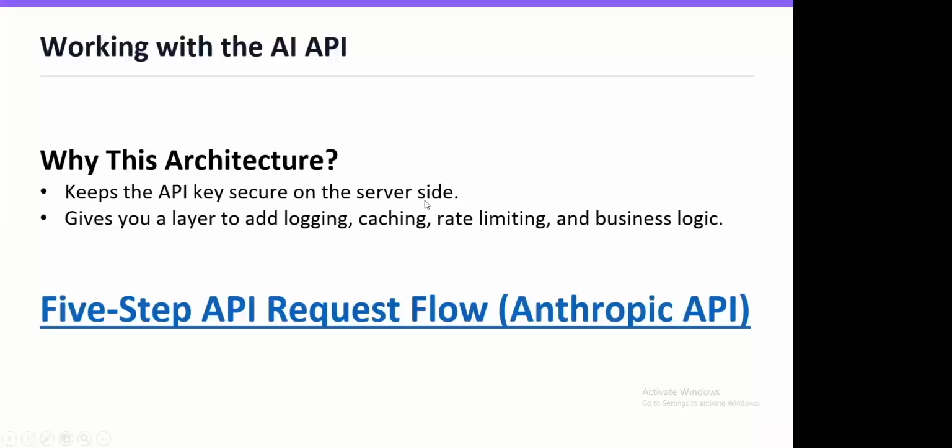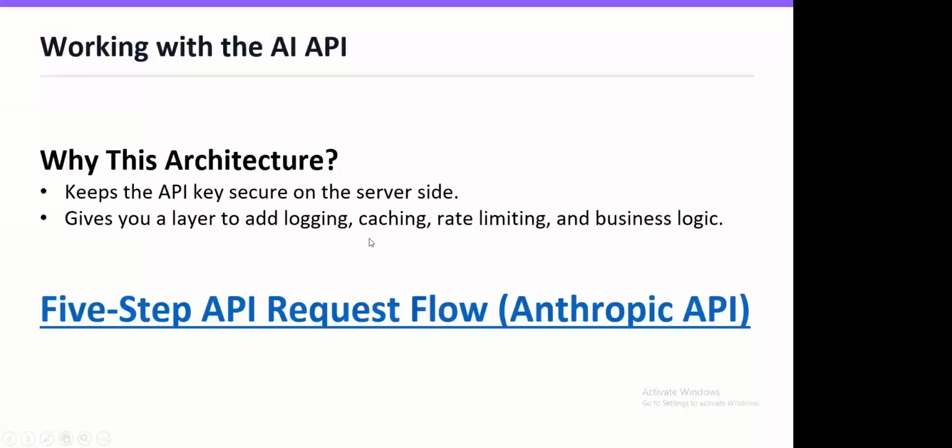You also need a layer to add logging, caching, and rate limits. Just like the waiter, you tell the requirement for your curry mee, so you need that layer to jot down all the requirements before sending it to the server.